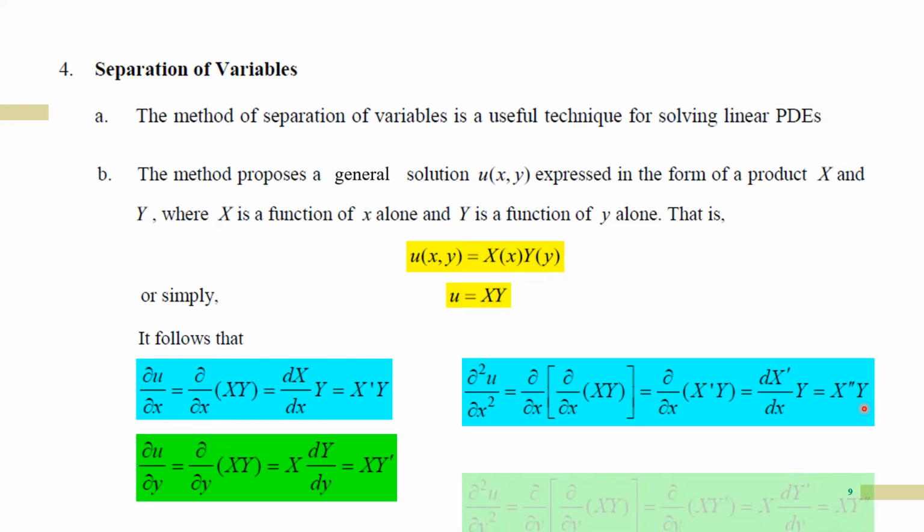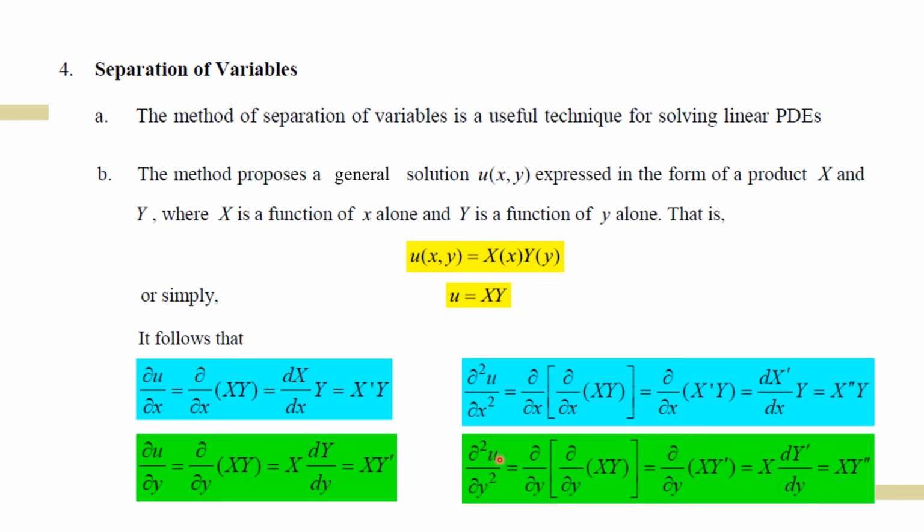∂²u/∂y² is equal to ∂/∂y of ∂u/∂y, and here we already got the answer from this part, where ∂(XY)/∂y is equal to X Y prime. So we replace this as X Y prime, and this whole expression now becomes ∂(X Y prime)/∂y.